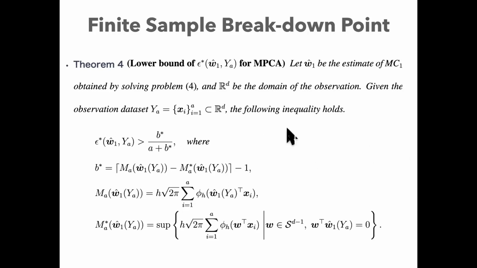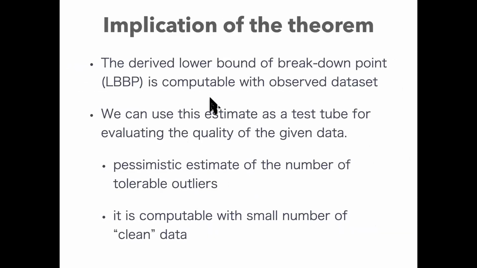So, we note that in this theorem, YA should be clean data, I mean, without any outliers. As a use case of this lower bound, I think we can first collect a small amount of clean data and estimate the lower bound of the breakdown point to know the ratio of outliers allowed to be mixed with clean data.